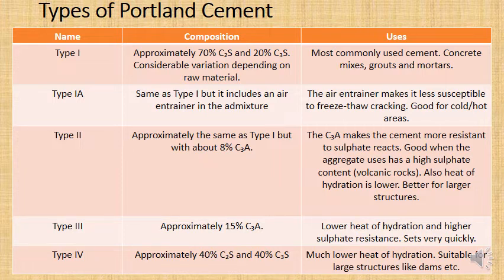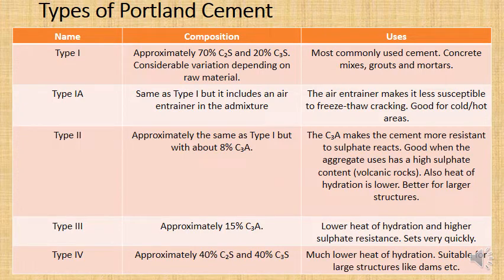The other good thing about type 2 with tricalcium aluminate in it is that if you remember, the reaction that takes place for aluminate is 2 steps. It's not one step. It goes first to ettringite, and then the ettringite reacts with water, and then it forms the calcium aluminate hydrate, the final product.